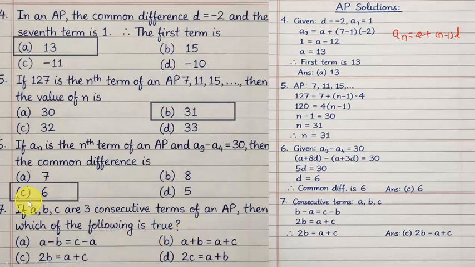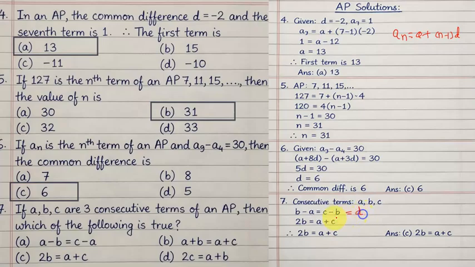Now next, 7. If A, B, C are 3 consecutive terms of an AP, then which of the following is true? As A, B, C are 3 consecutive terms, B minus A is equal to C minus B. That is the common difference here.